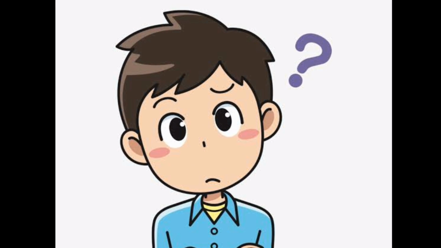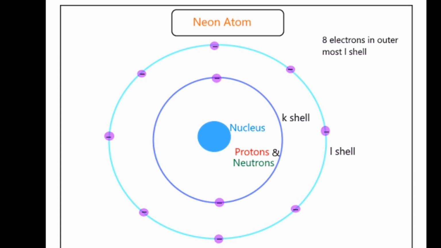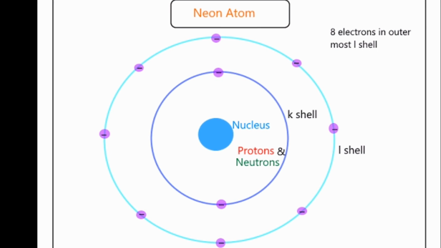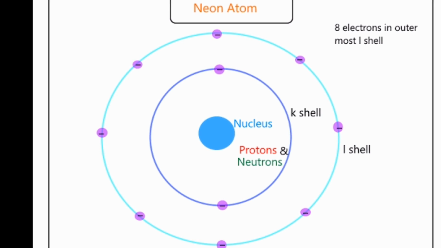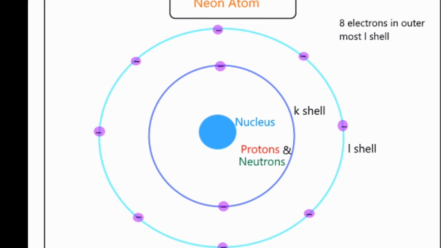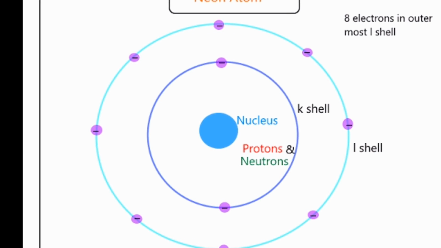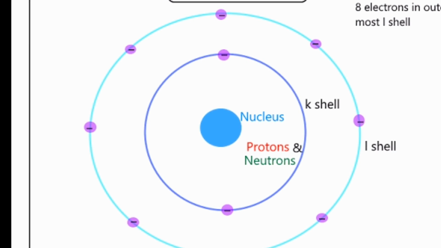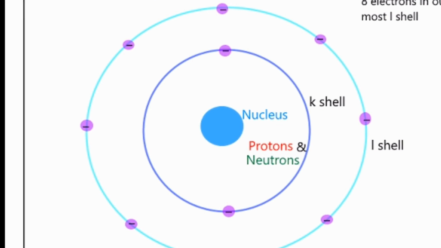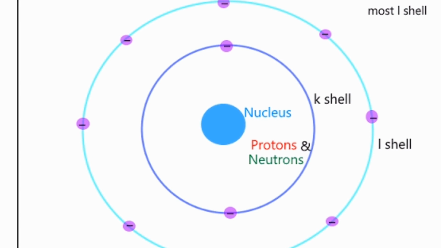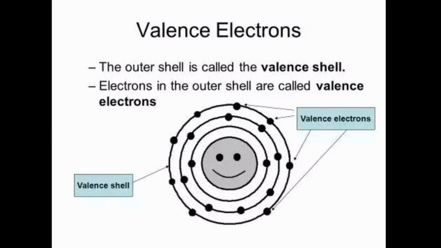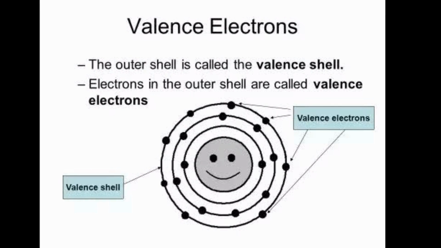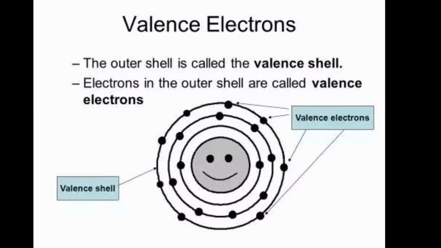Before we move to our answers, in the picture you can see that the electrons in the outermost shell, the orbit which you are able to see, determine the chemical properties of the atom. So the orbit in the outermost part is known as the valence shell.